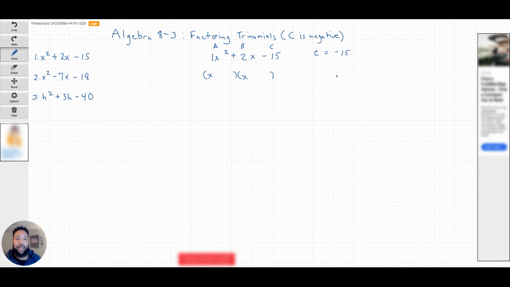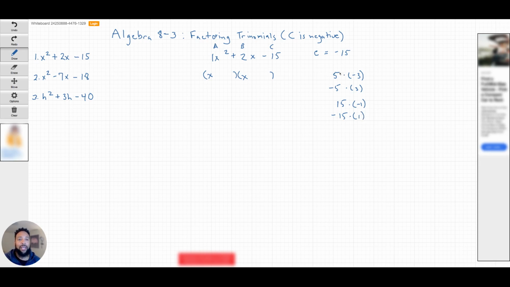So let's look at that. So we could have 5 times a negative 3. We could have negative 5 times 3. Or we could have 15 times a negative 1, or negative 15 times 1.